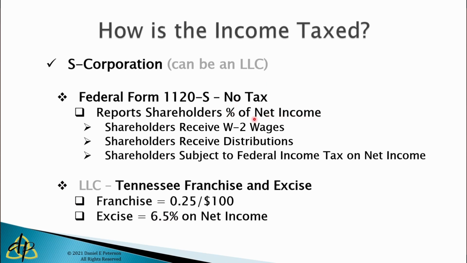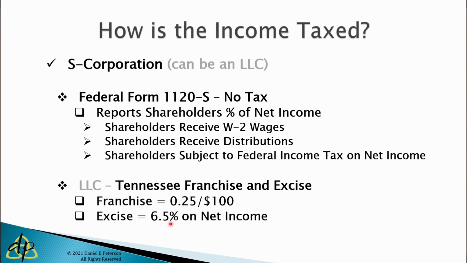Depending on the net income of the corporation and the wage base of the individuals, it may make sense to pay out the remaining income in the form of a bonus to those shareholders and offer 2.9% Medicare tax as opposed to offering 6.5% excise tax to the state.